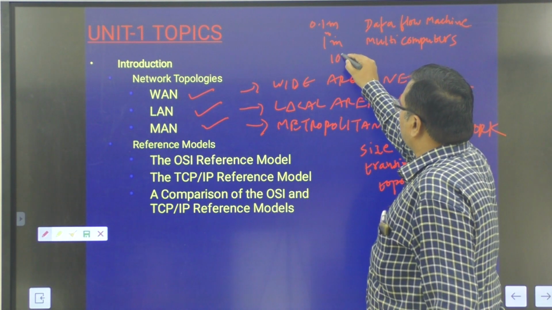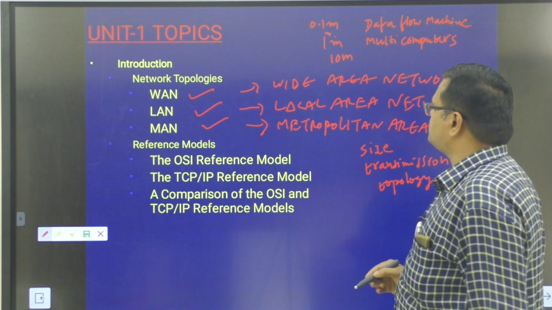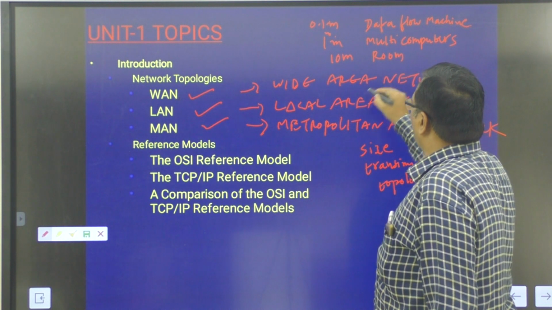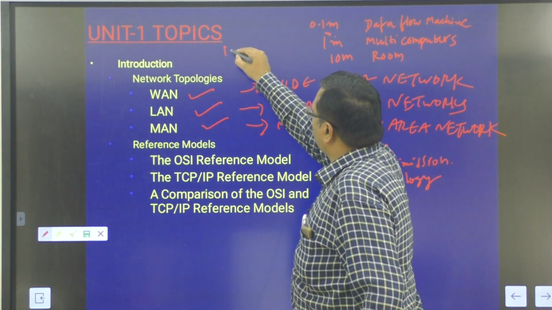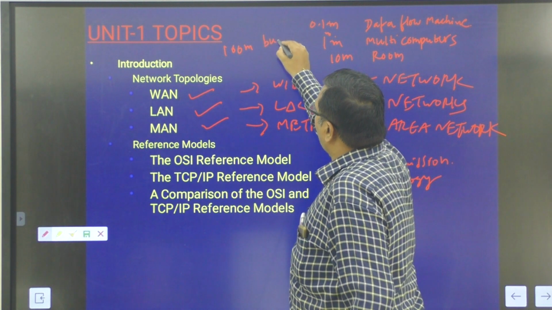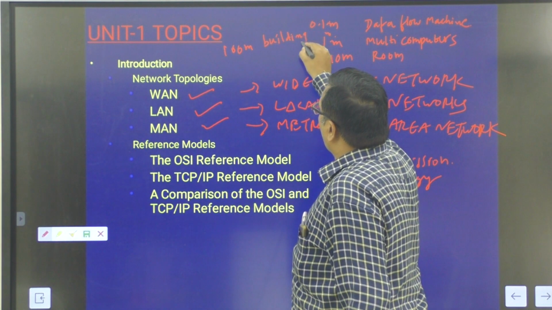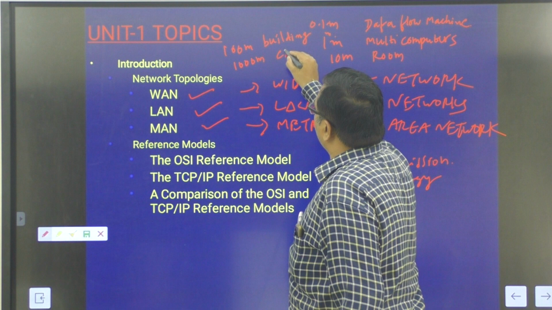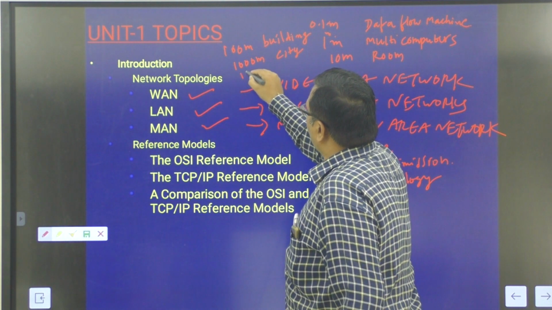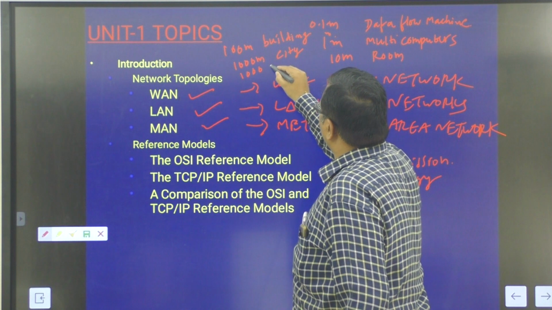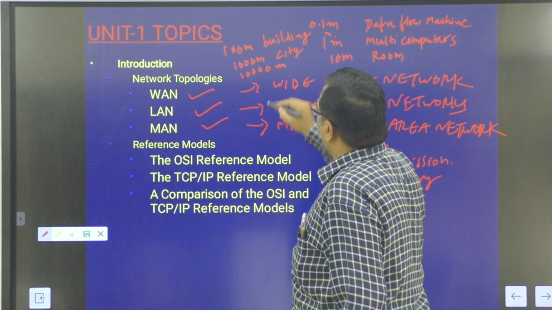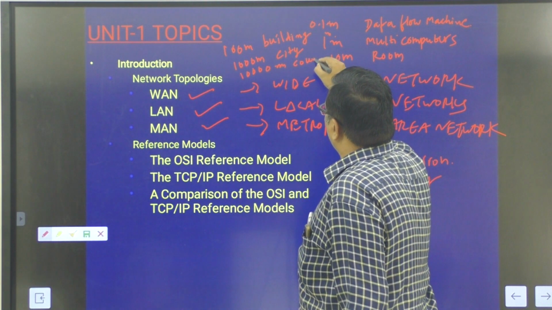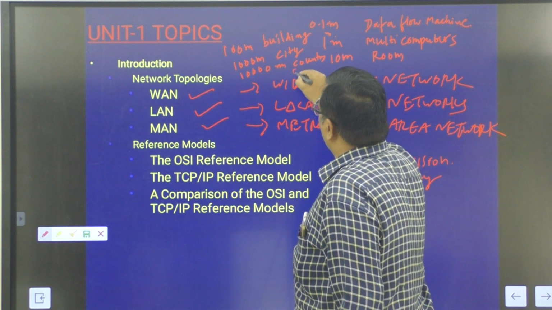If it is 10 meters, then room. 100 meters, building. 1000 meters, city. 10,000 meters, country, continent.